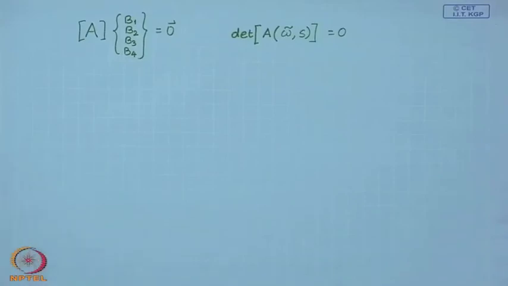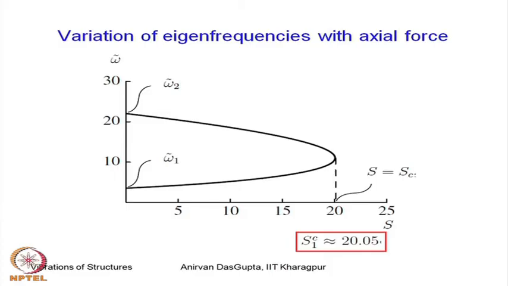So, here this shows the results of such a solution. When the load is 0, the first two non-dimensional circular natural frequencies are these 2 points, and as the load is increased, as you can see, omega 2 decreases while omega 1 increases, and they coalesce at a certain value of load.